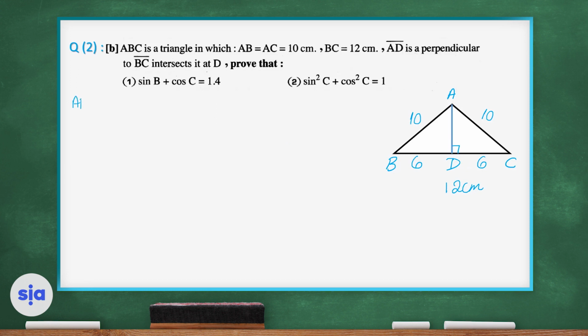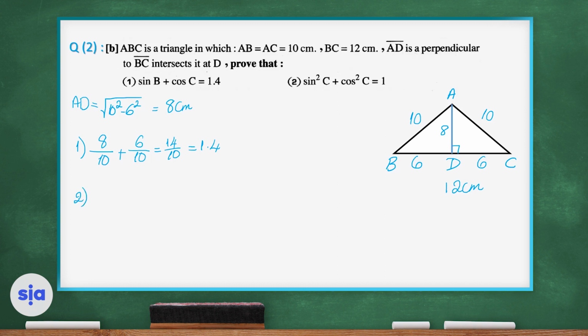So AD equals the square root of 10 squared minus 6 squared, which is 8 centimeters. So now AD is 8 centimeters long. So let's now start proving. Question 1, sine B, that is opposite over hypotenuse, plus cosine C, that is adjacent over hypotenuse. If you calculate this, this is 14 over 10, which is 1.4.